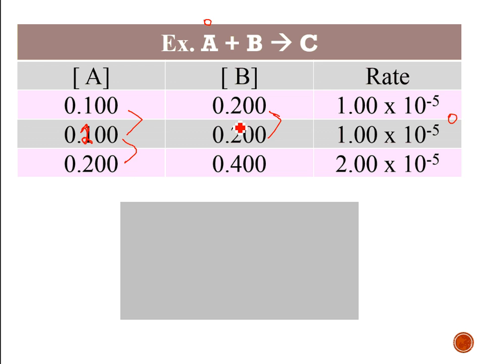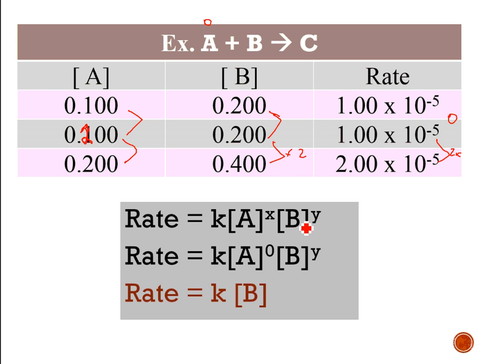When A is held constant and B is doubled, we see a doubling. There we go. So first order with B, 0 order with A, and since we have a 0 order reactant, we know we can omit it from the rate equation.